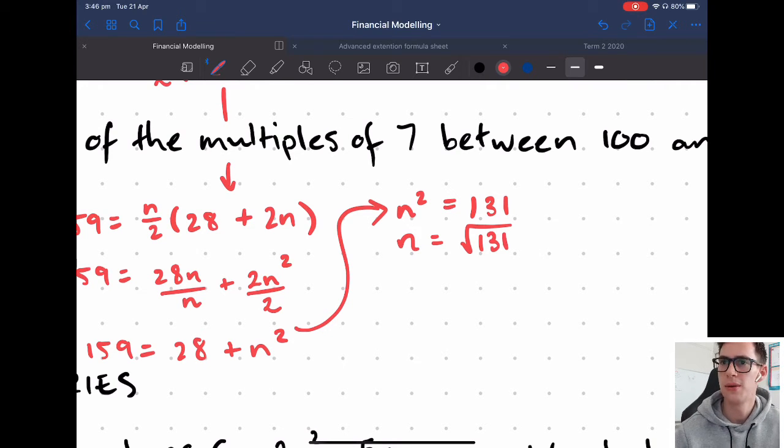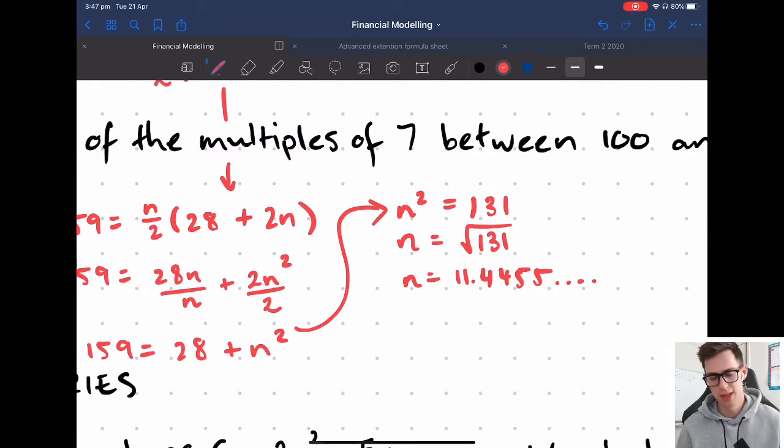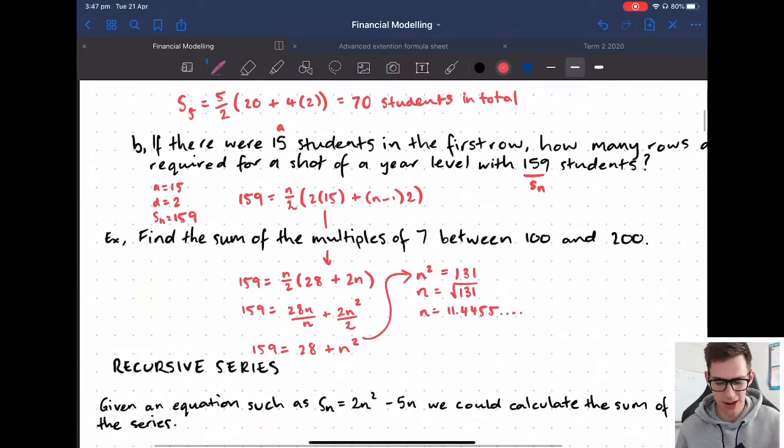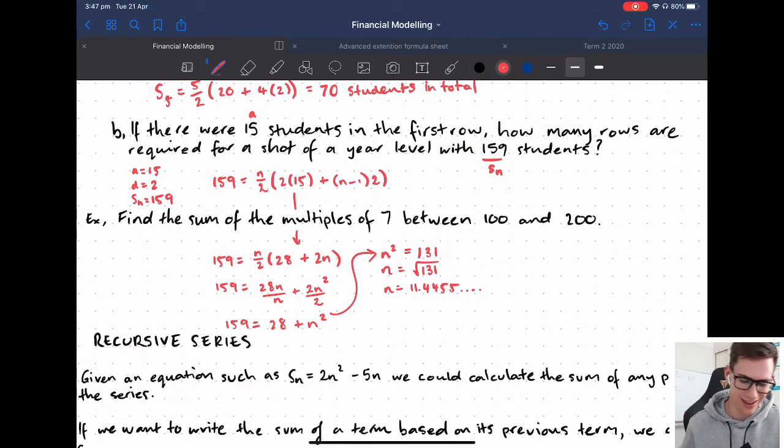Now, if you type the square root of 131 into your calculator, you get an answer of 11.4455 and so on. Okay, because it's a surd, it's not going to round to a nice number. So just to answer our question, let's go back to what it actually asked.